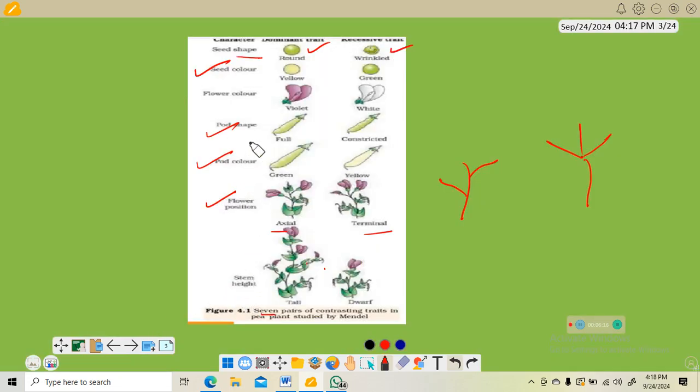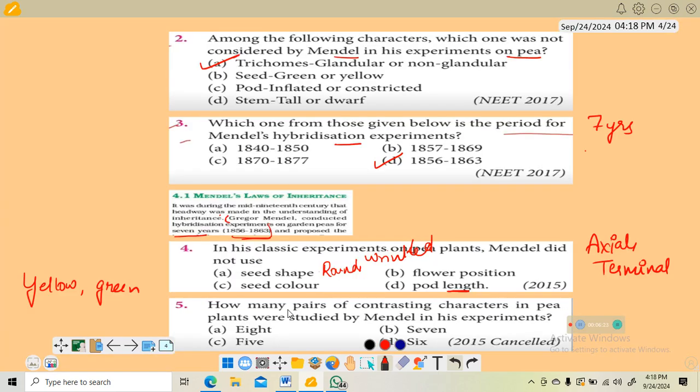If you see, pod shape and color is there, but length is not there. Okay, so this was the one he didn't choose.